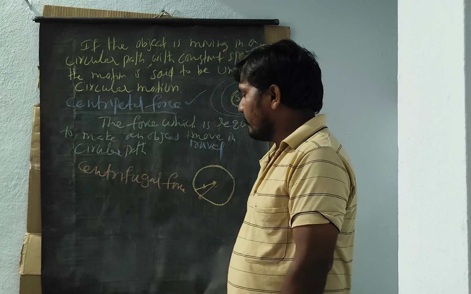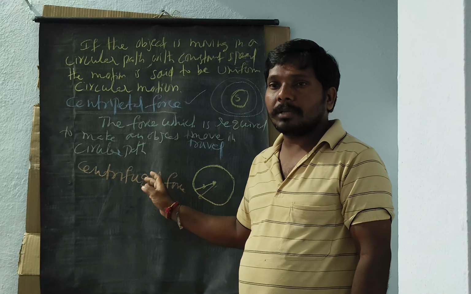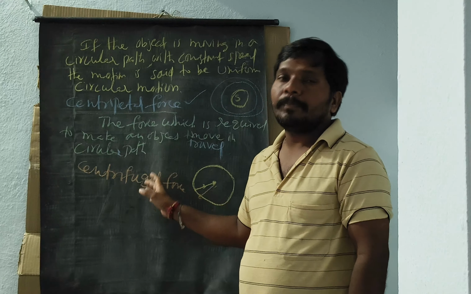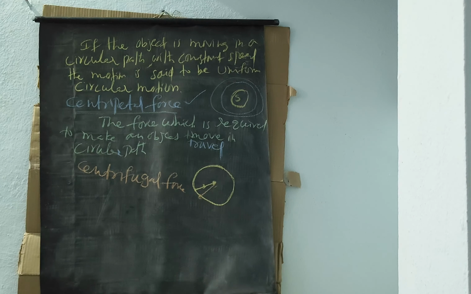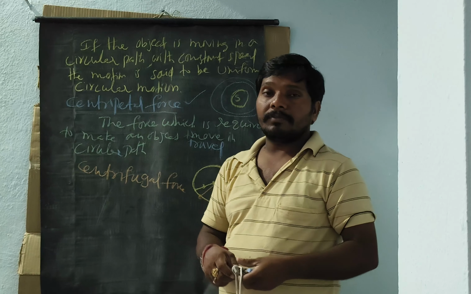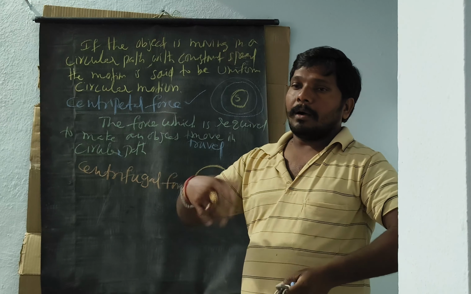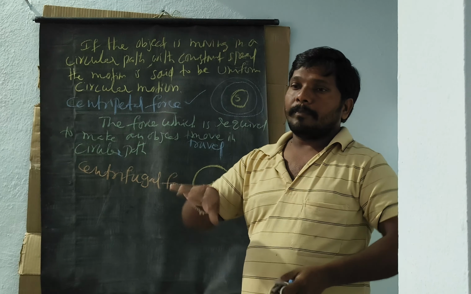This centripetal force and centrifugal force are equal in magnitude and act oppositely. That's why the object moves in a circular path maintaining the same, constant speed. We know the centrifuge. In a centrifuge, lighter particles move away and heavier particles are moved towards the center.